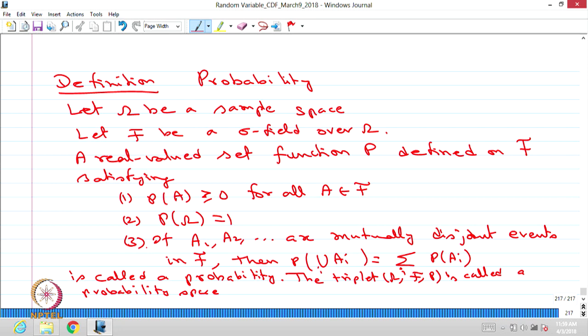So here the A, when I satisfy the condition P of A greater than or equal to 0 for all A belonging to F, each element of F is called an event, because that is a subset of omega. That means a collection of possible outcomes is going to be the event.